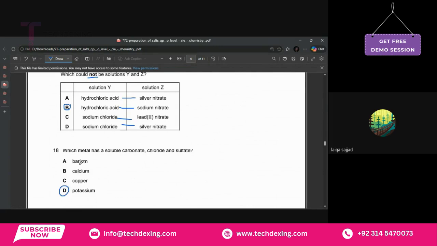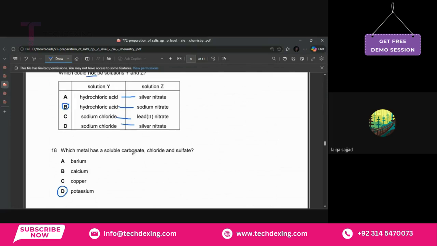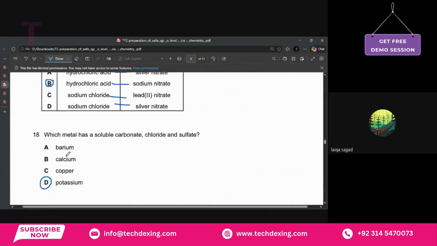Okay, which among the carbonates, chlorides, and sulfates is insoluble for barium? Barium sulfate and barium carbonate are both insoluble. What about calcium? Calcium sulfate and carbonate. Very good.